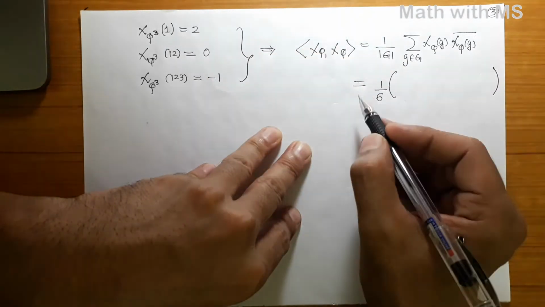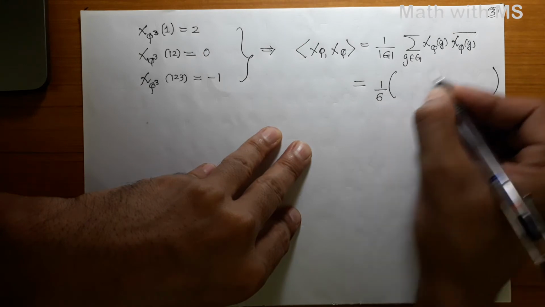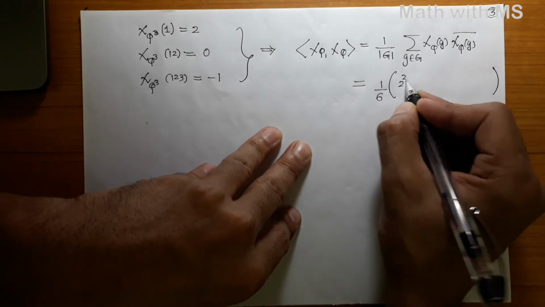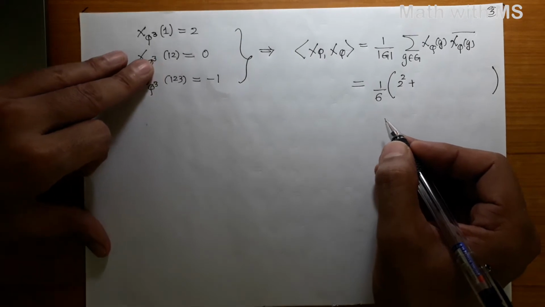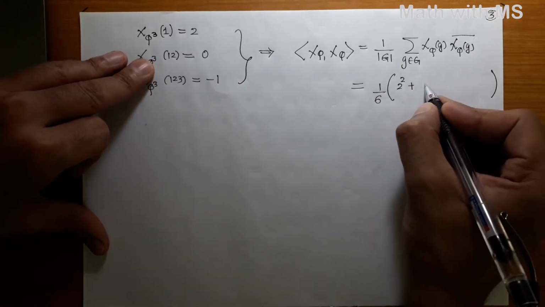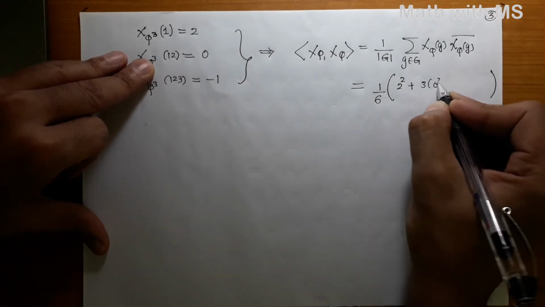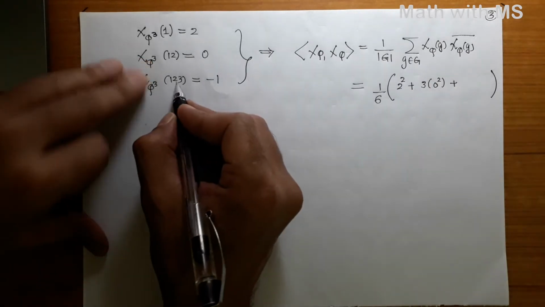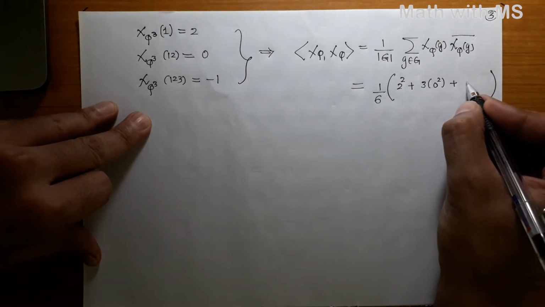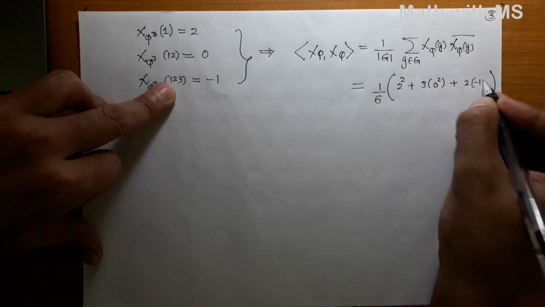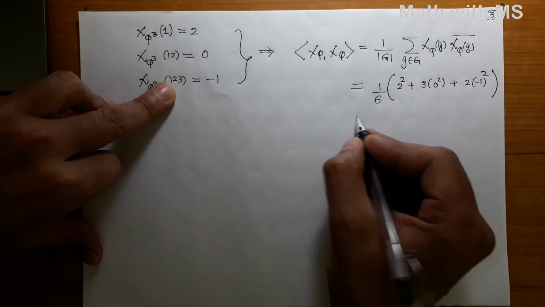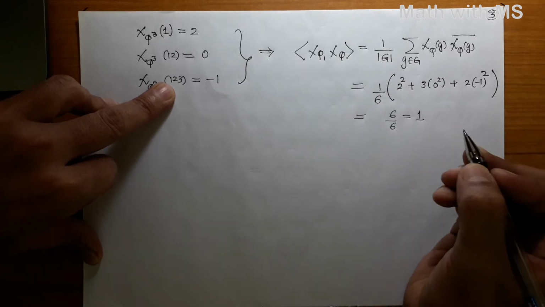With the identity element, the value is 2, so it is 2 square, plus on the conjugacy class of 1 2 it is 0, and there are 3 such elements, so 3 times 0 square, plus on the conjugacy class of 1 2 3 there are 2 elements, so 2 times the value on this, it is -1 square. Okay, and this turns out to be precisely 1.